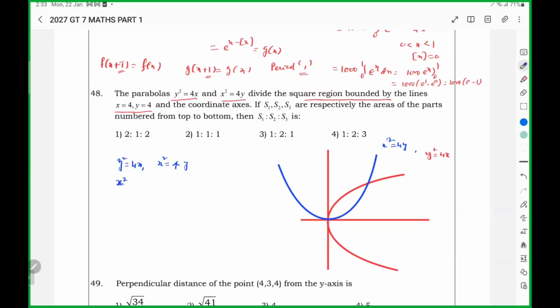Say x square by 4 whole square is 4x. X power 4 is 64x, so x into x cube minus 4 cube is 0. X is 0 or 4.